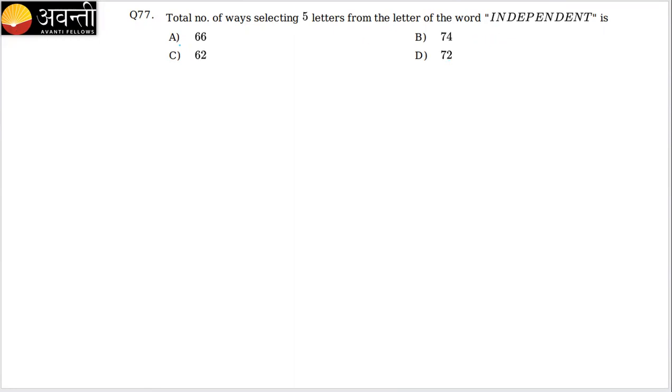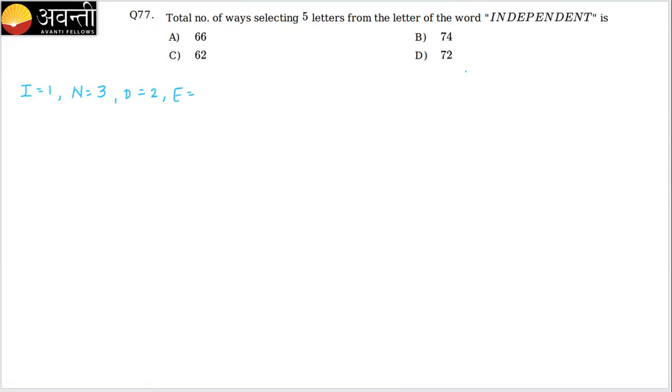Let's take I first. I is repeated once. Then N is repeated 1, 2, 3 times. After that, we have D, which is repeated 2 times.